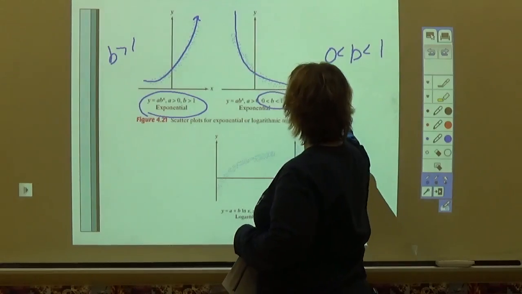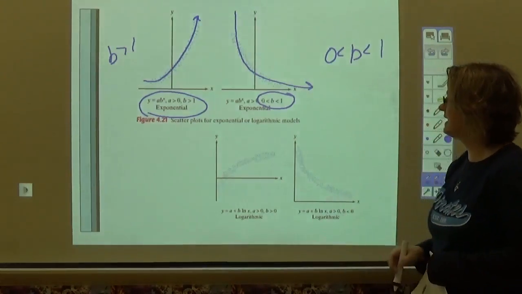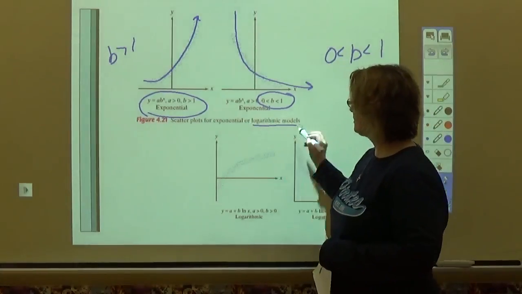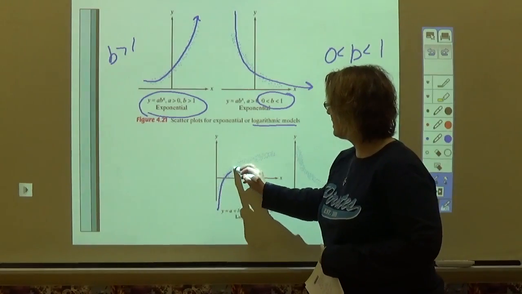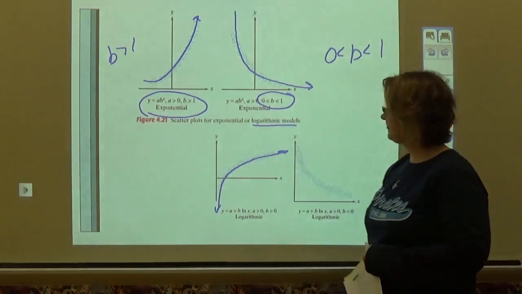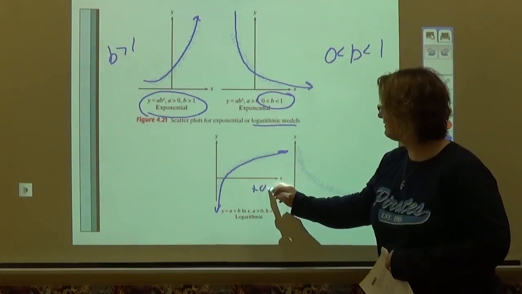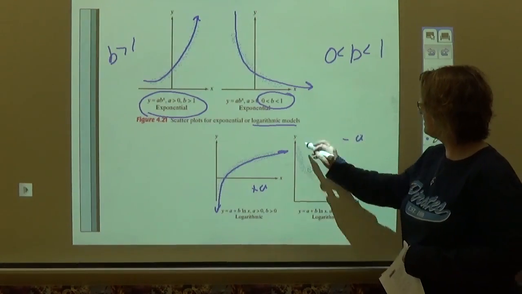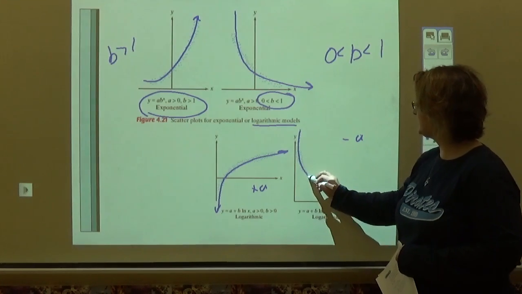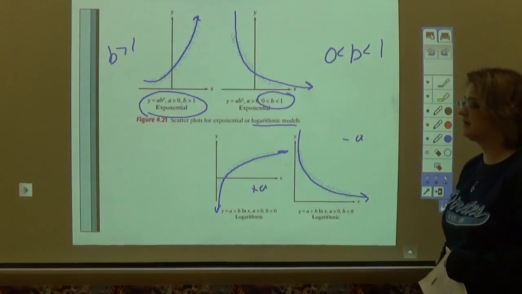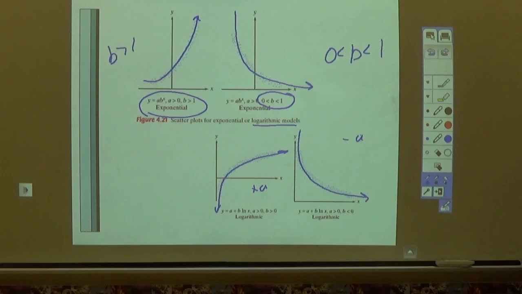You're coming down and approaching that asymptote, decaying. These are your logarithmic models. You have that vertical asymptote. You're going away to the right. This is for a positive a value. Here's your negative a value. You're starting high against the asymptote and coming out to the right, down and away. That's all drawn in there for you, but basically the scatter plot gives you those patterns.